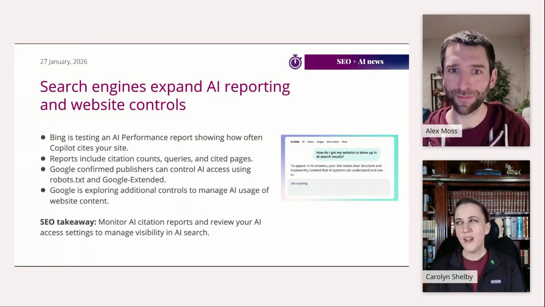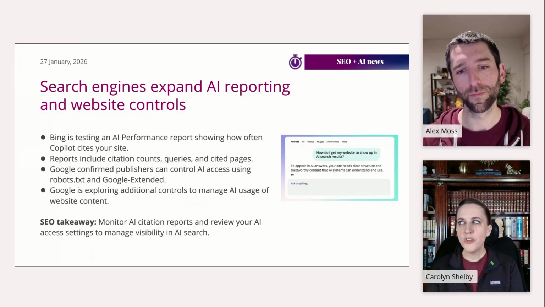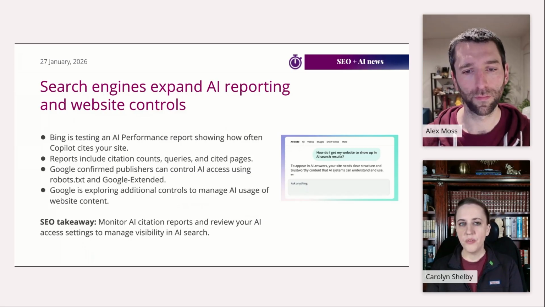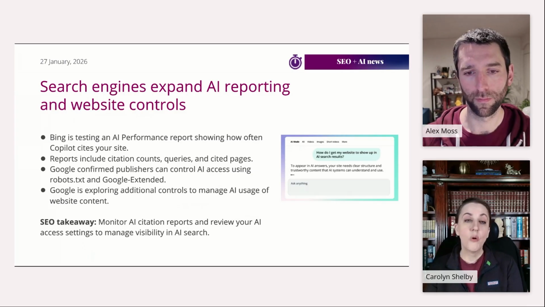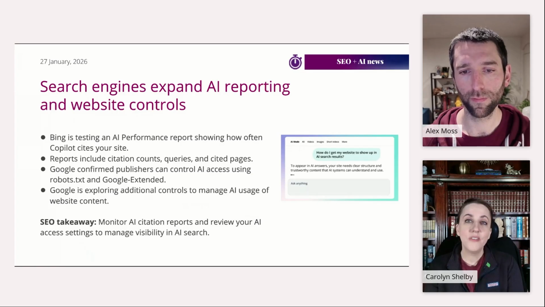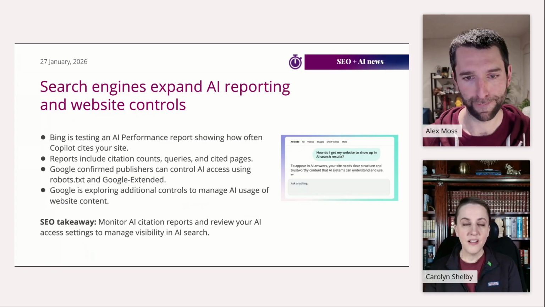What about you? I'm just confused about why you would want to restrict the AIs from seeing your site so that you can be cited. Literally, what is the point? What is the point of having a website if you don't want it cited? And also, not all of the LLMs respect the robots.txt.